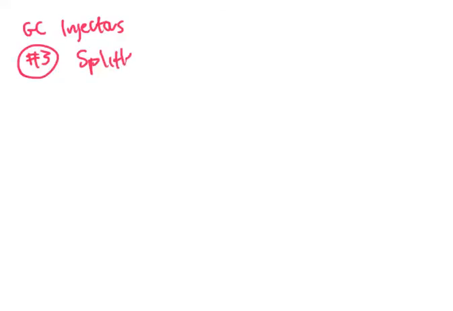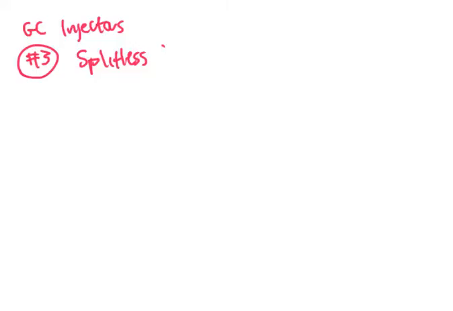Okay, so there's two more. So up here at the top, GC injectors, and this is going to be a number 3. Now, number 2 was called a split injector. Number 3 is called a splitless injector. And you kind of probably saw this coming, right?